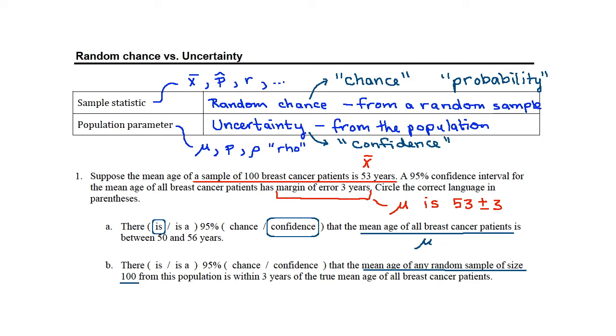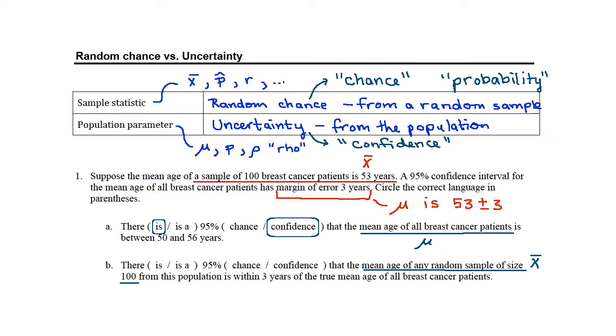So that's the same sample size that was in our description. That is talking about an X bar, and we believe that that's going to be within 3 years of whatever that true mean age is, which is unknown, right? We're comparing it to an unknown parameter mu, but our statement is about X bar.